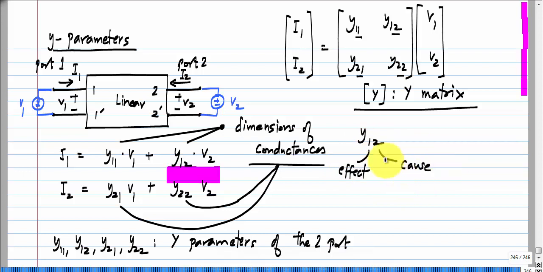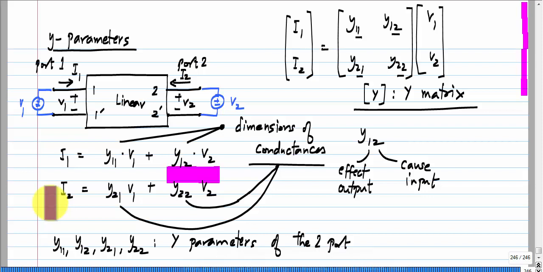Or in other words, you can think of this as the input and this as the output. V2 gets scaled by y12 to give you I1. That is the meaning of the subscript, and you can see that for the rest of them it is the same way. V2 gets scaled by y22 to give you I2 and so on. That is the definition of Y parameters.